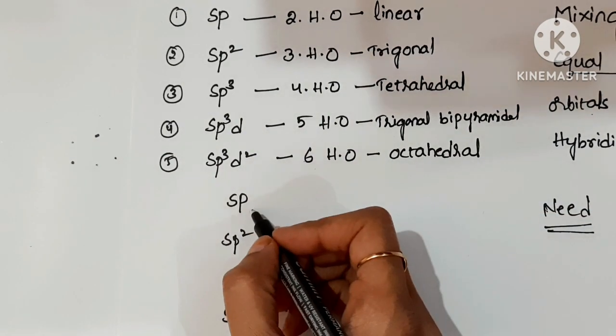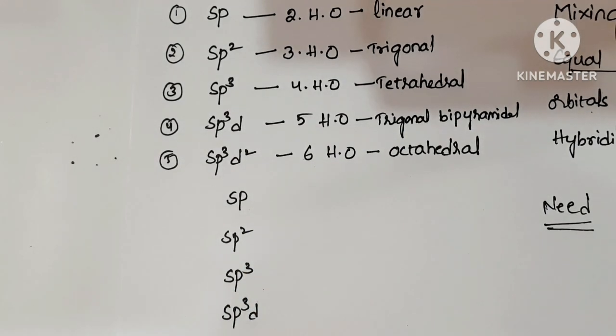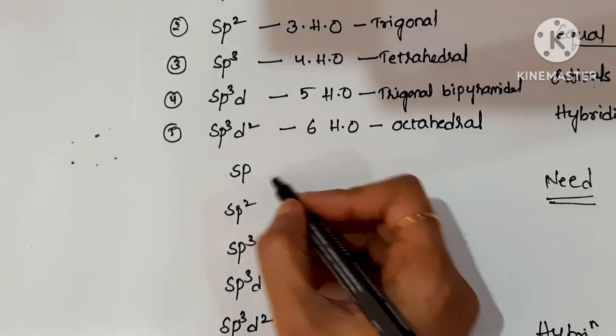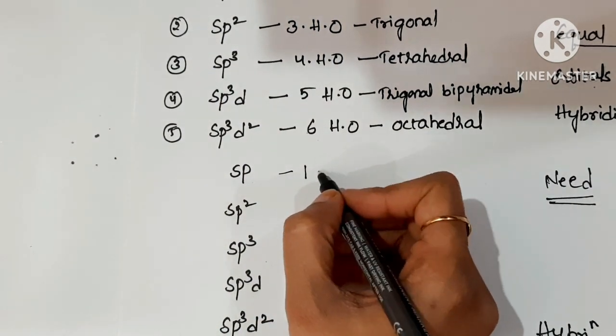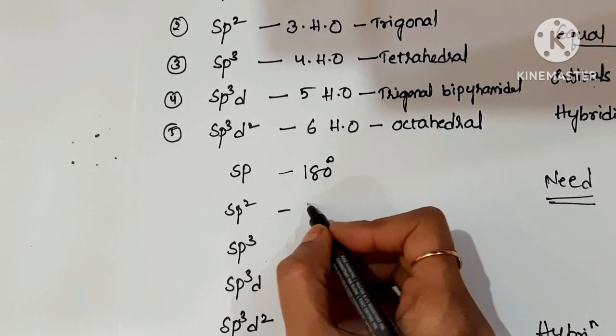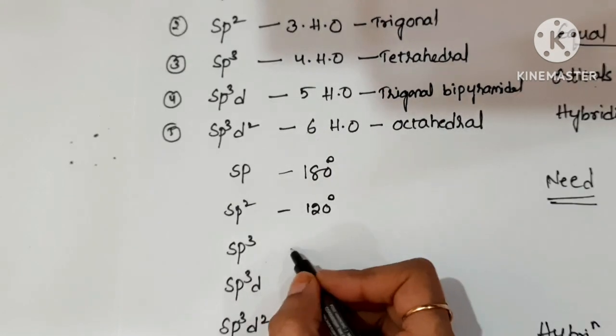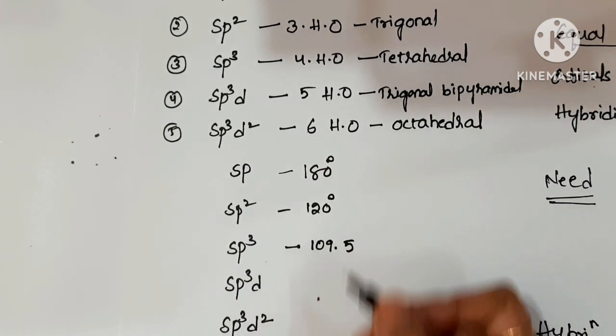Next, bond angles for hybridization. In sp hybridization, 180. In sp2 hybridization, 120. In sp3 hybridization, 109.5.